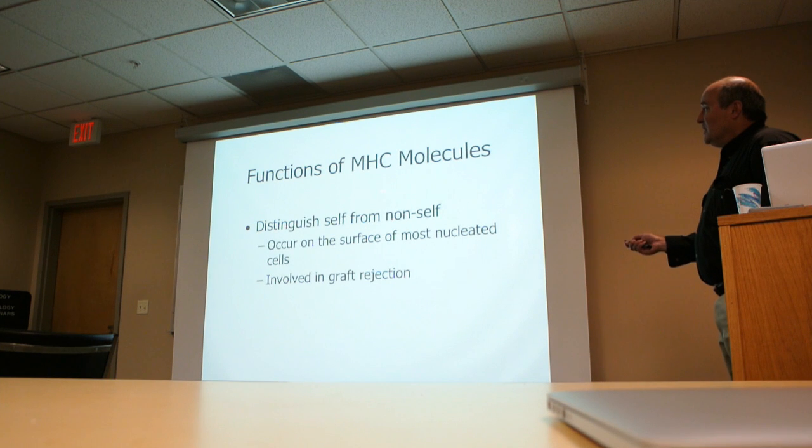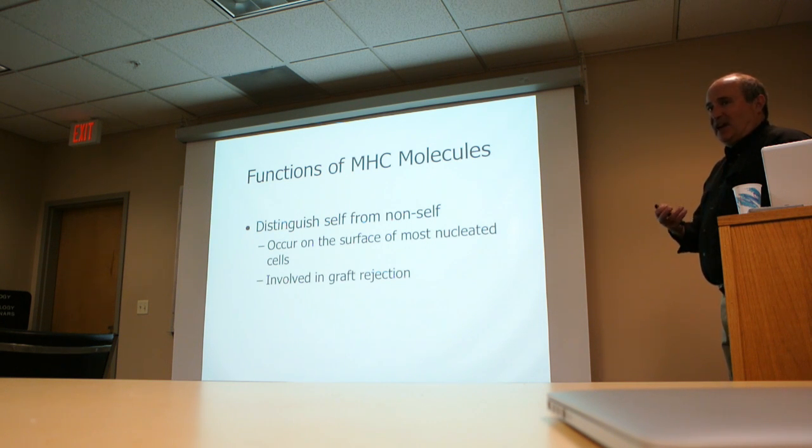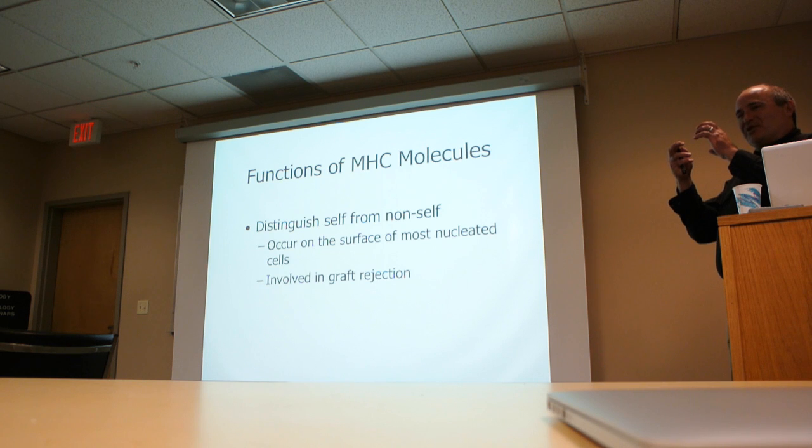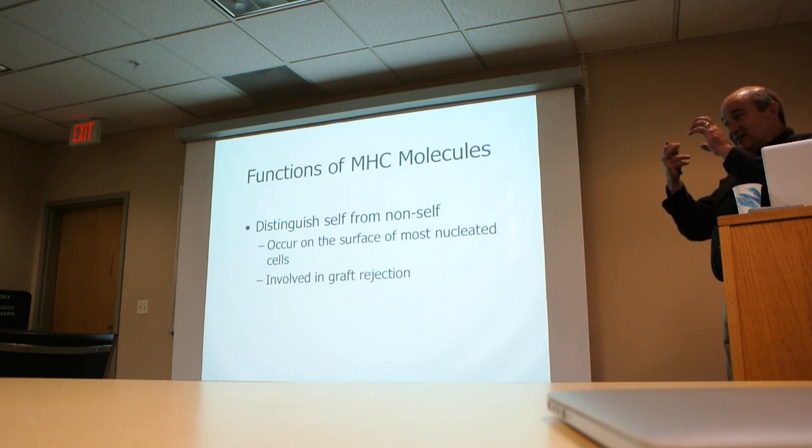MHC is going to allow the T cell to distinguish self and non-self, and it needs to know that the antigen presenting cell is self. And the only way to do that is that it has to recognize it. So here we have this T cell, particularly the story with the cytolytic T cell, with the potential to be able to kill.